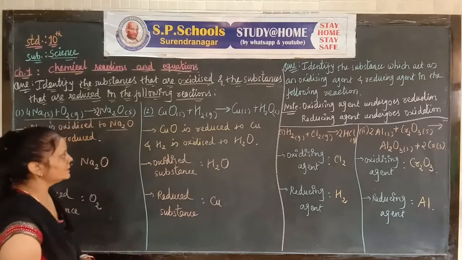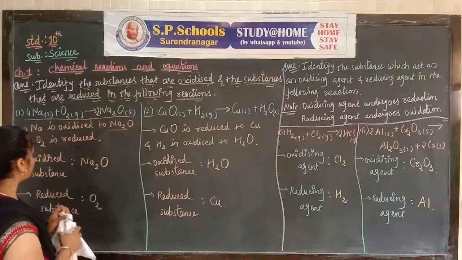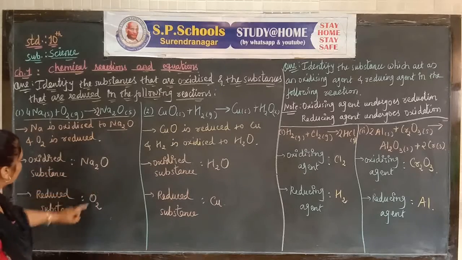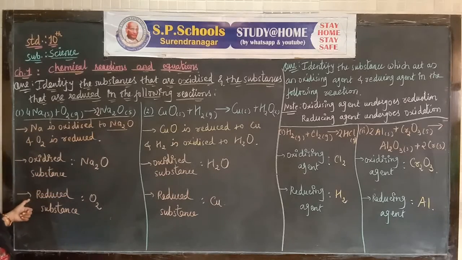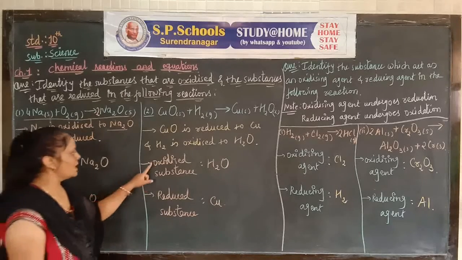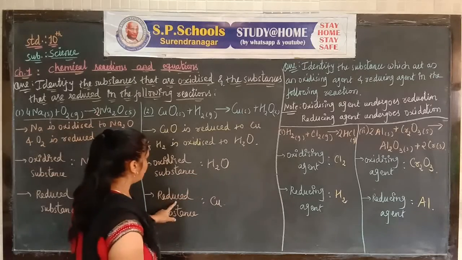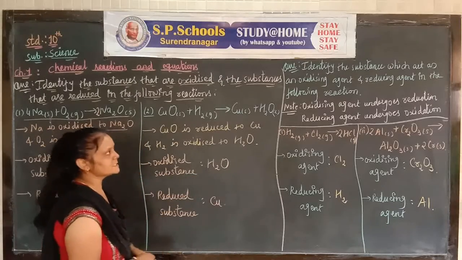In both equations we find the oxidized substance and the reduced substance. In the first equation, the oxidized substance is Na2O and the reduced substance is O2. In the second reaction, the oxidized substance is H2O and the reduced substance is Cu.